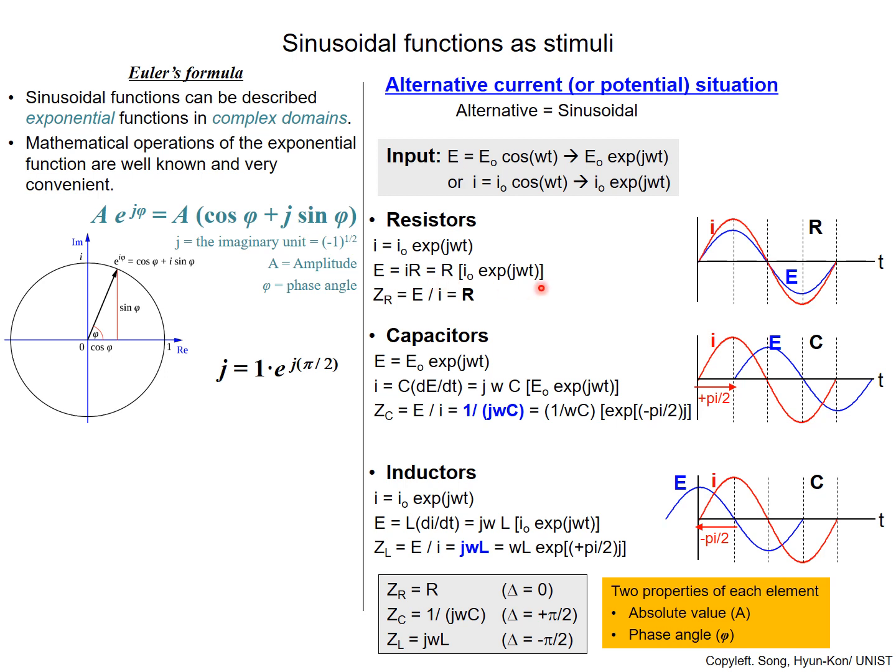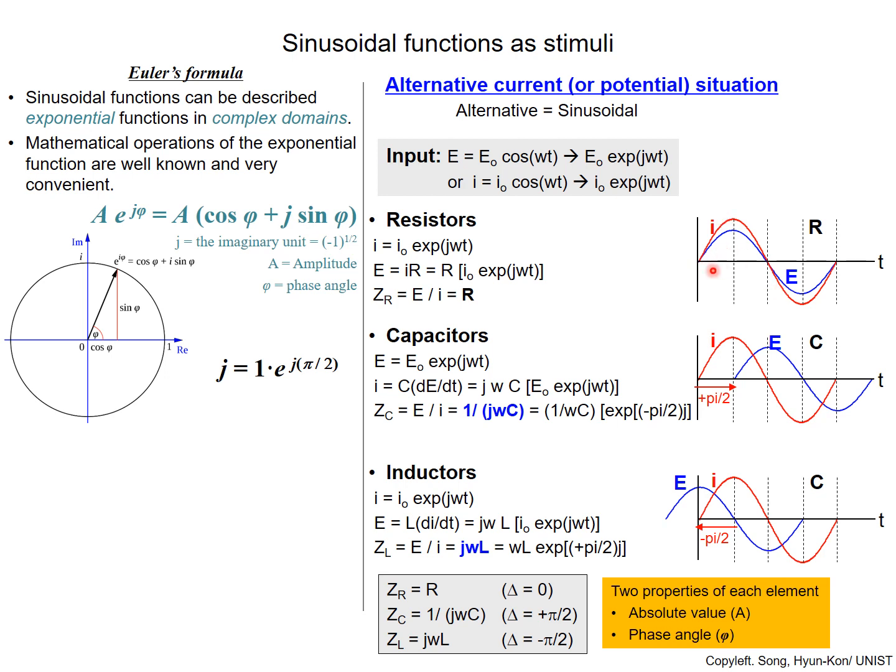Then the impedance of the resistor is equal to potential per current, which is just R. So again, the impedance of a resistor means the amplitude ratio between the current and potential is always the same.